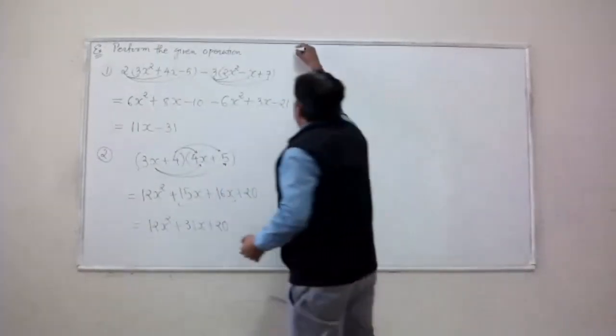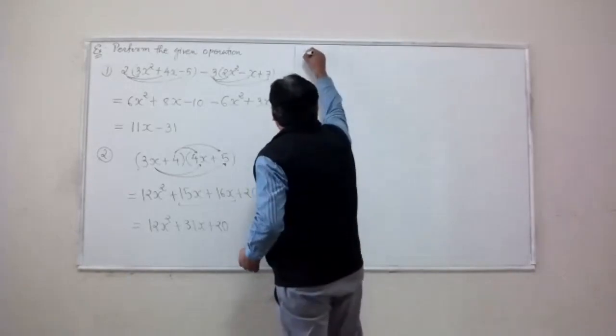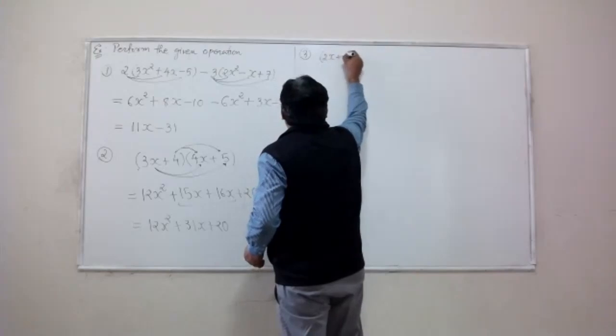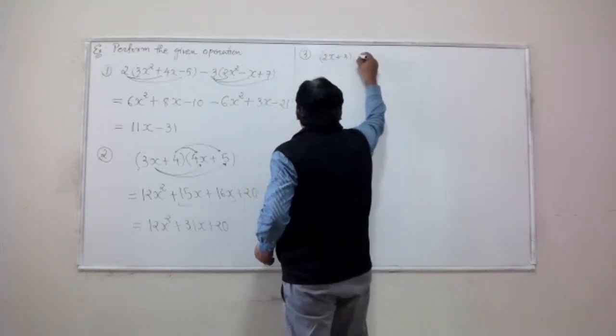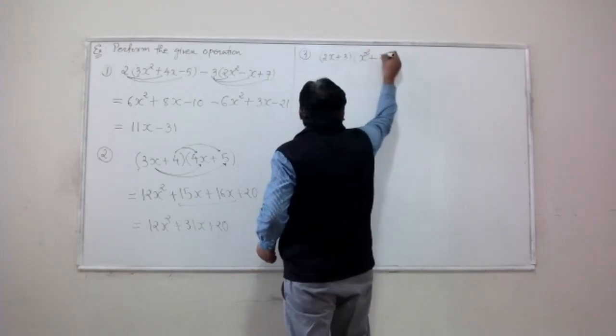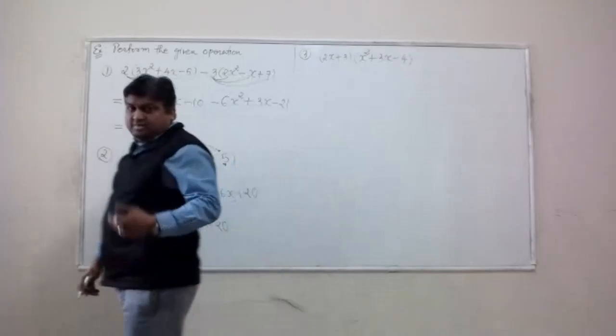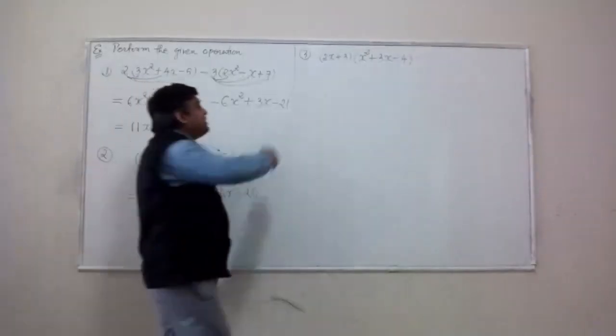As I said, we can even consider this type of example: (2x plus 3) times (x squared plus 3x minus 4). As I said, our goal remains the same.